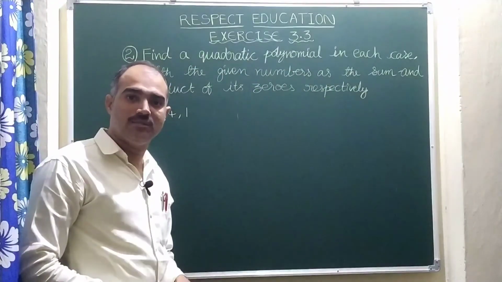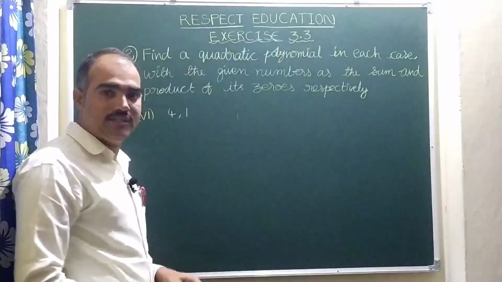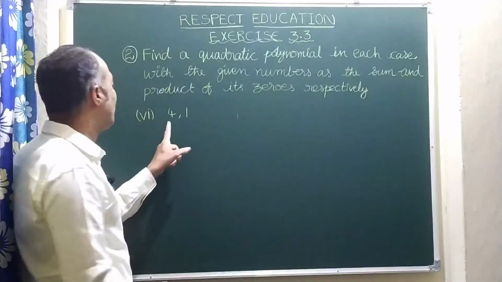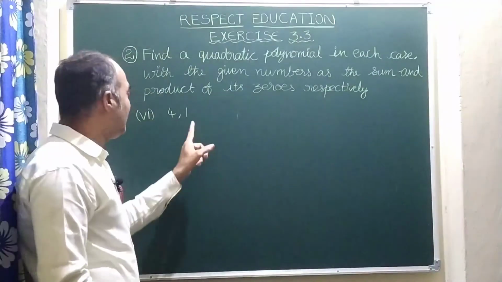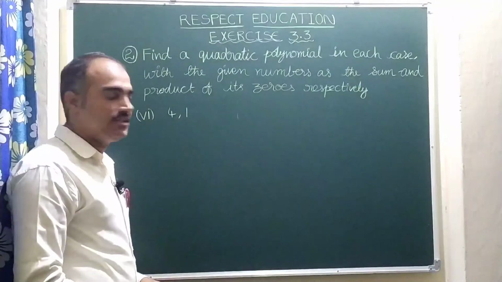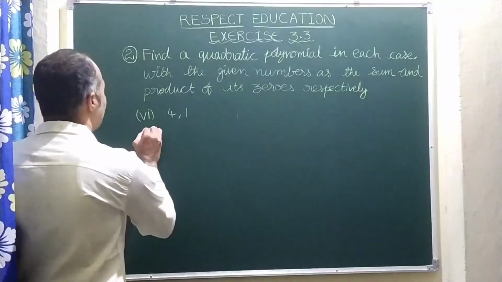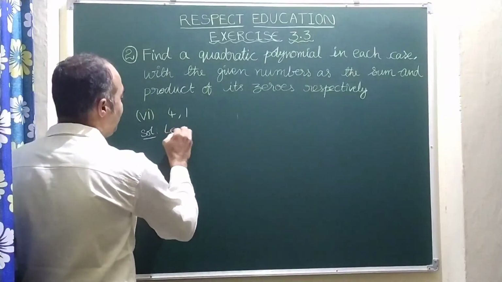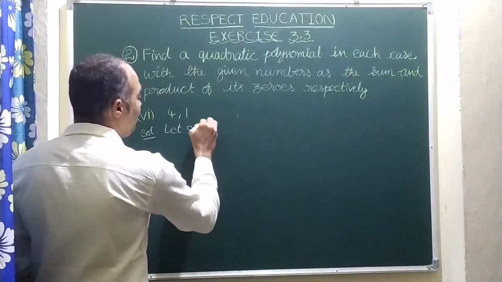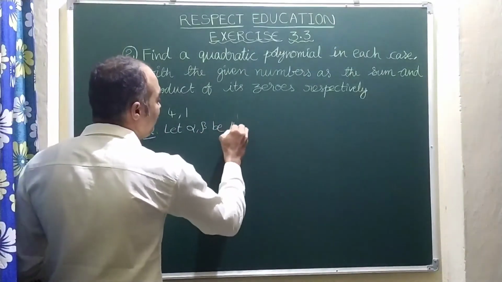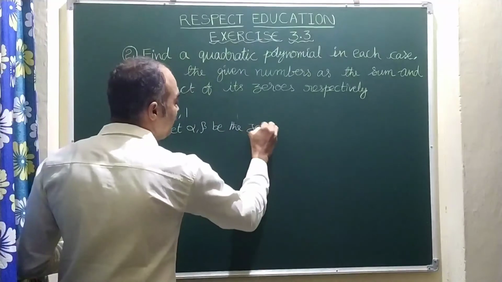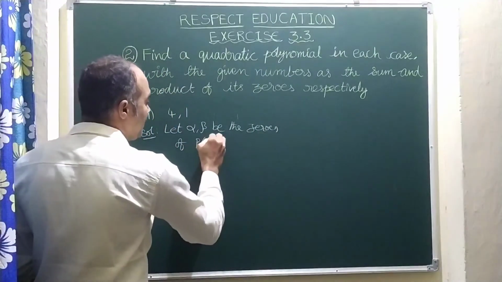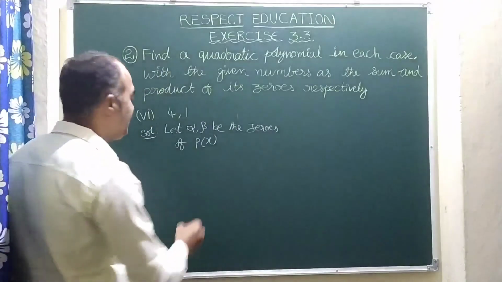Now let us do next bit, that is sixth bit. Here the given values are 4, 1. So here 4 indicates the sum of the zeros and 1 indicates product of the zeros. So let us take the zeros first. So here let alpha, beta be the zeros of required polynomial, that is p of x, right?